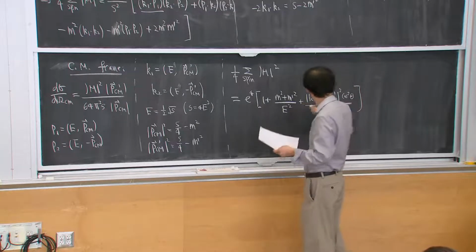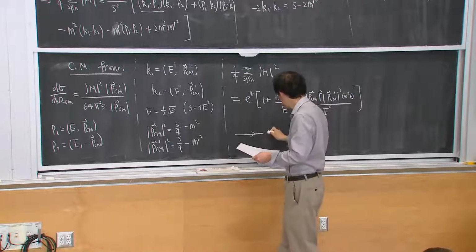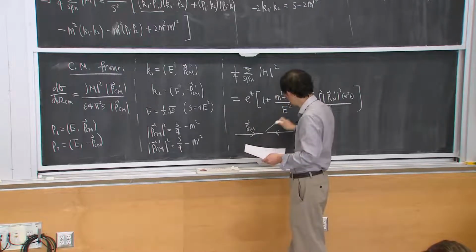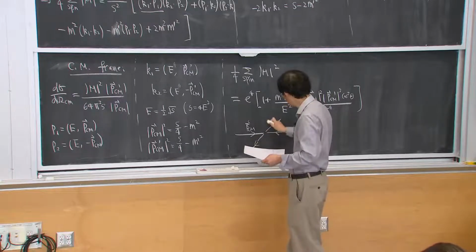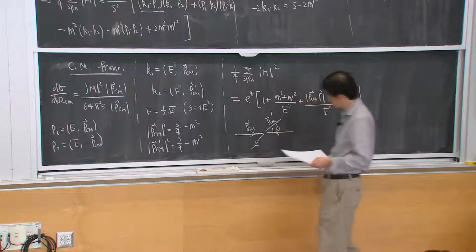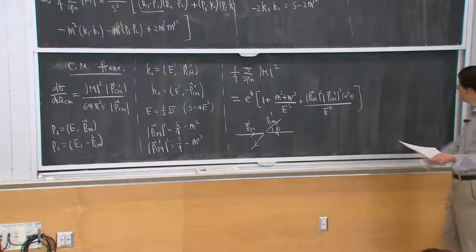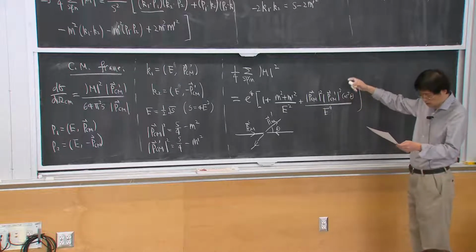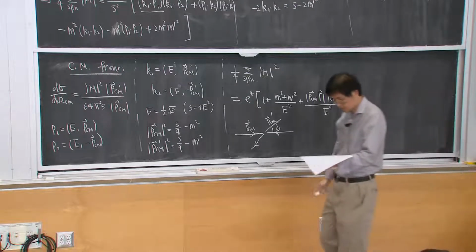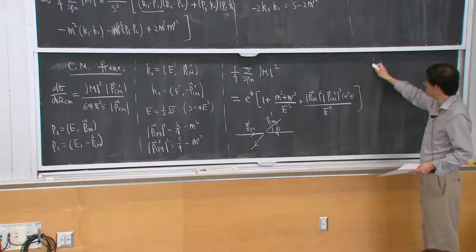Okay, and theta is, you have the scattering of the initial particle with PCM, and then you have the final particle with PCM prime, and this angle is theta. The theta comes from when you calculate using T and U. And so now we have everything.